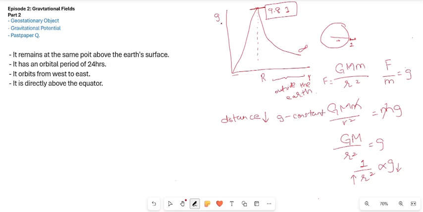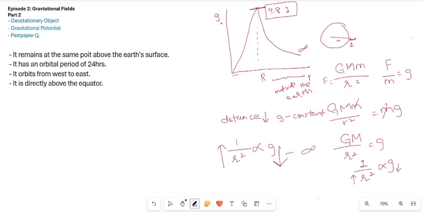But in this relation, if the distance keeps on increasing, then it won't remain constant, it will start decreasing and can go to infinity, which is shown right here.